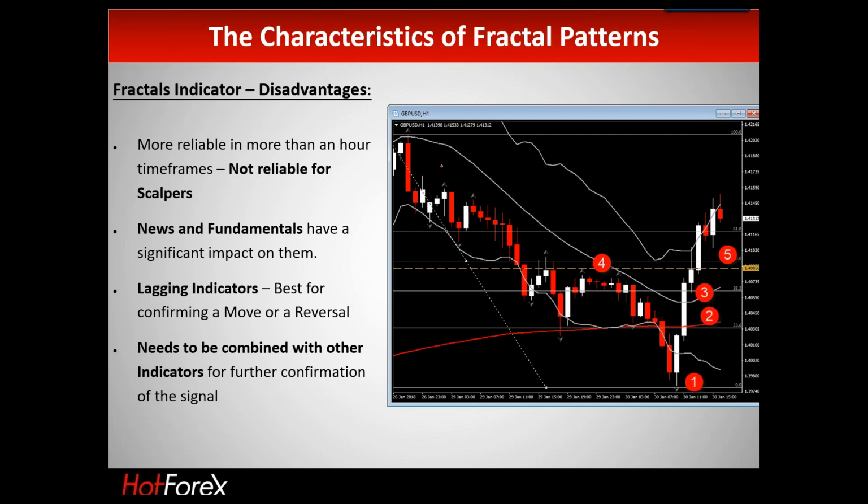We were in a clear downtrend. Even if you connect the fractals, you see that it's pointing downwards. It's a downtrend. However, once this 5 candles pattern formed, this is a 1, 2, 3, 4, 5 candlestick pattern, I identified a low fractal over here.